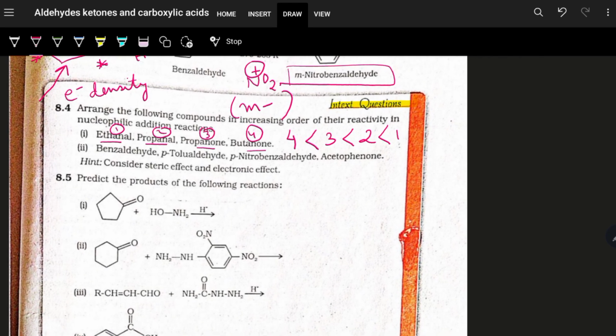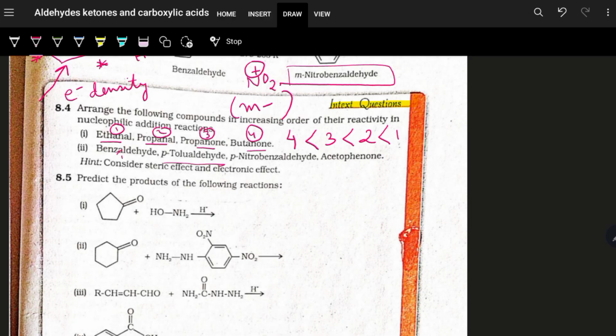So next is tolualdehyde. Tolualdehyde contains a CH3 group and aldehyde; nitrobenzaldehyde, nitro group and aldehyde; and acetophenone is a ketone. Benzaldehyde is as such less reactive. Tolualdehyde increases the electron density over the ring and over the carbonyl carbon.